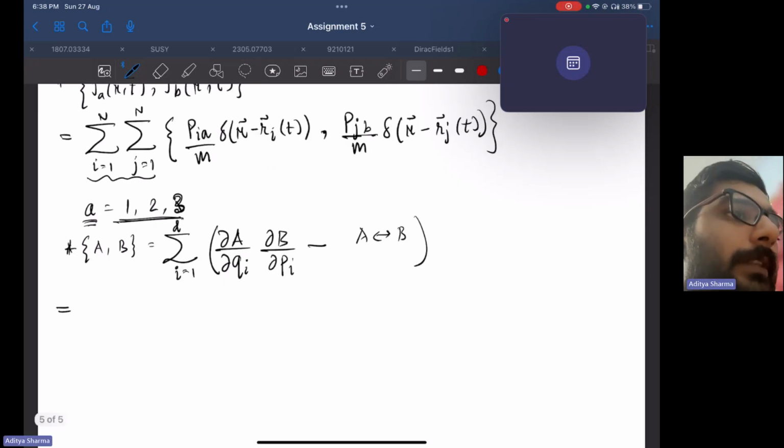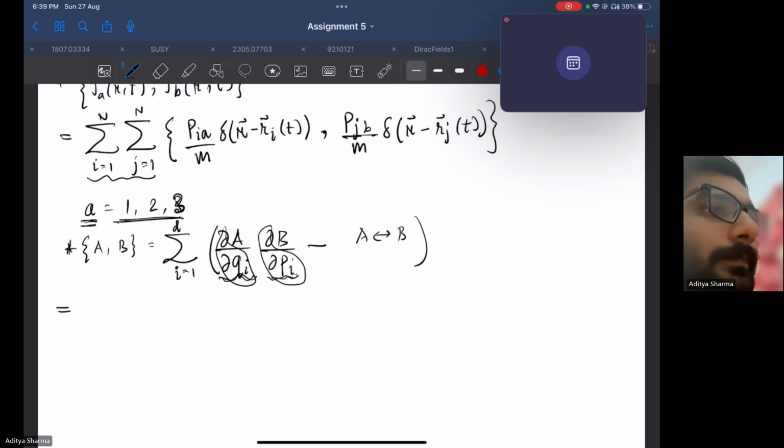But in the Poisson bracket expansion, if you're doing it in say 3 dimensions, you have to take a different sum over these things, and that index will remain in the below part, the operator part, d by dpi or something like this.